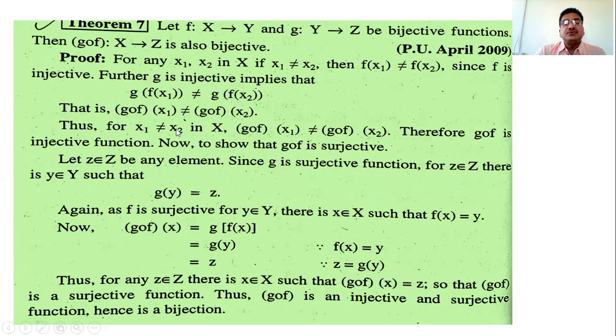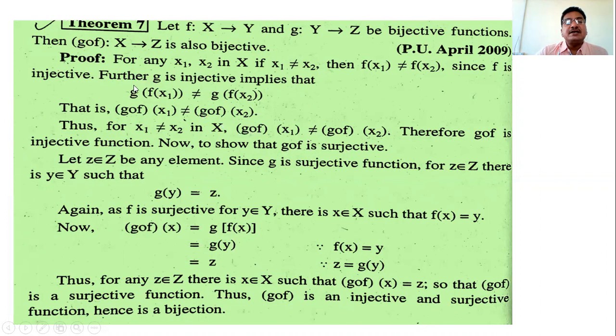So if x1 and x2 are not equal in X, then G circle F of x1 and G circle F of x2 in Z are not equal. That is, under this function G circle F, the images of x1 and x2 are not equal. If the elements are different, their images under G circle F are not equal, and therefore G circle F is an injective function. Now we show that G circle F is surjective.